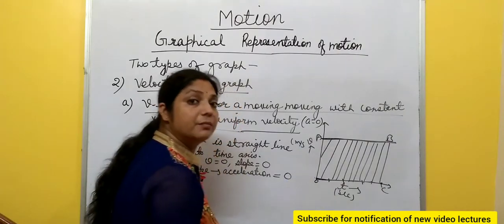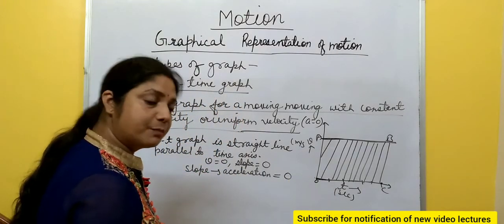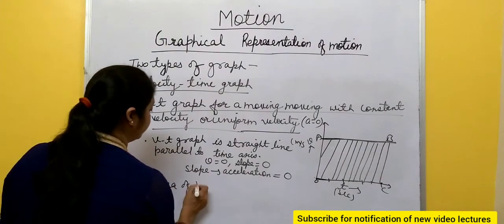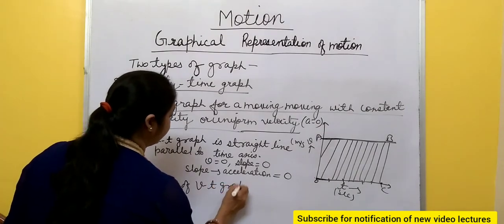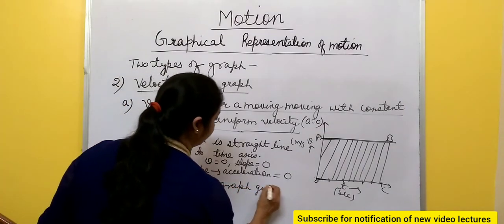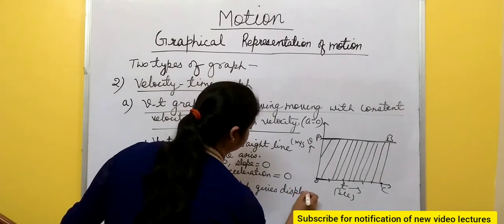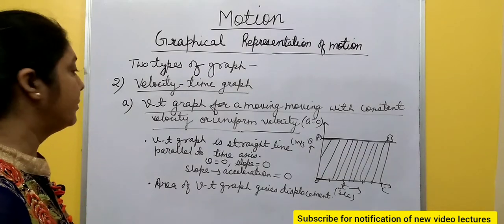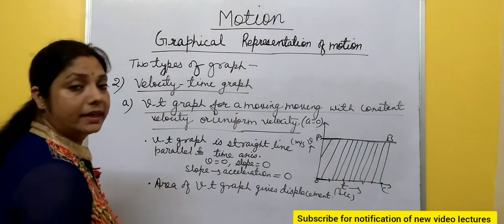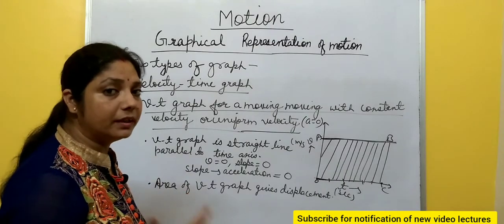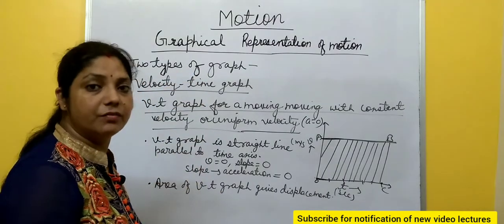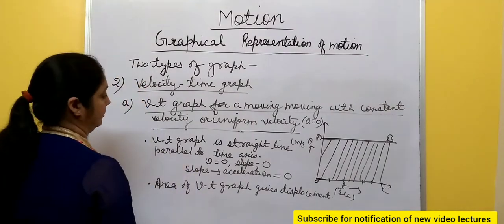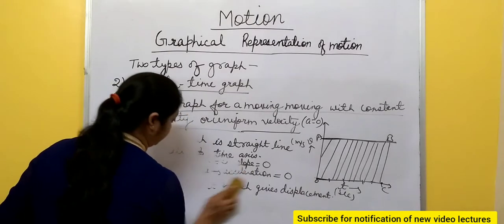So velocity into time is displacement. So you can write: area of the Vt graph gives displacement. So this is the case when the body is moving with constant velocity. Now next case, when the body is moving with increasing velocity or decreasing velocity, what type of graph is formed? Write down.